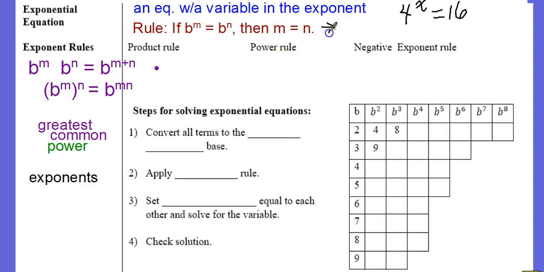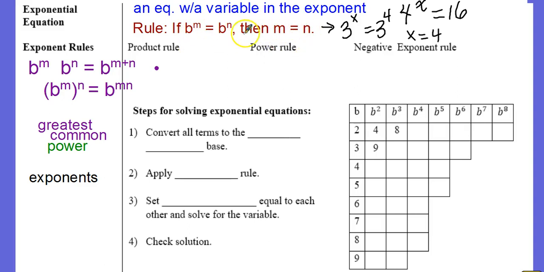For example, let's say I have 3 to the x equals 3 to the 4th. They are the same base, correct? Therefore, I can set the exponents equal, x is equal to 4. If their bases are the same, then their exponents will be equivalent. This is just a visual to represent this general rule.